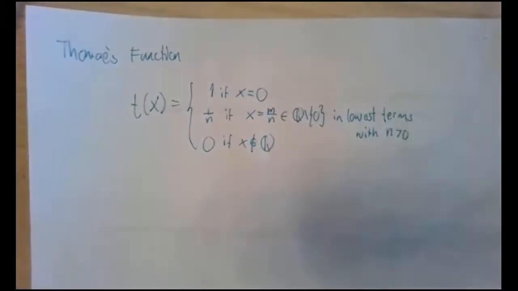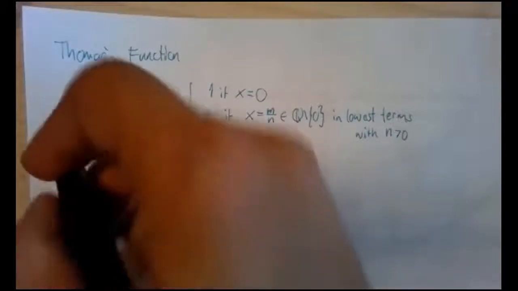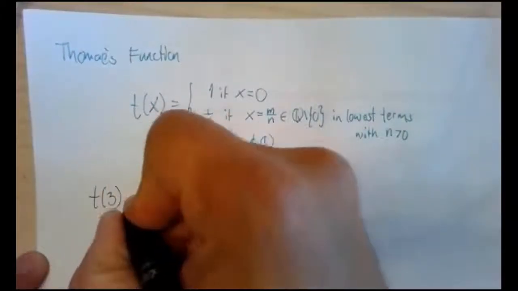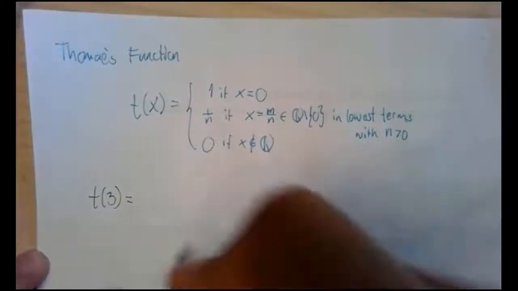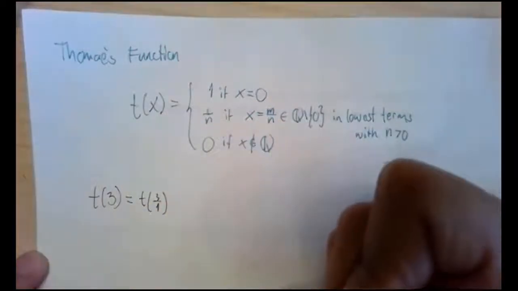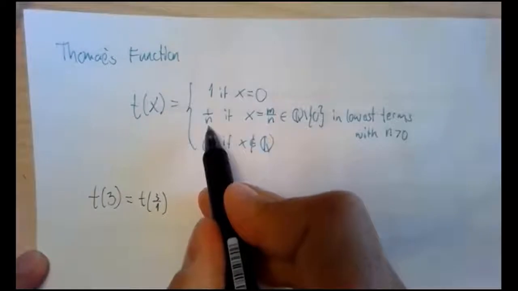All right, so let's try to understand this function first a little bit before we try to draw it or do the graph of it. All right, so what does this function look like? So what is, for example, t of the number 3? Well, 3, we can write it as 3 over 1, right? So we're in this second situation, right?